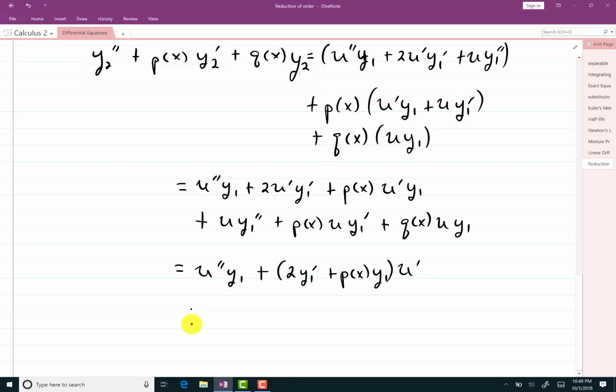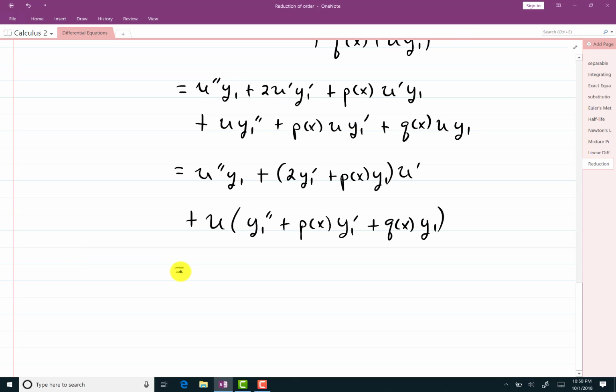And then I'm going to have plus at the bottom. I can factor a u from absolutely every term. And what I'll be left with is y1 double prime plus p of x y1 prime plus q of x y1.